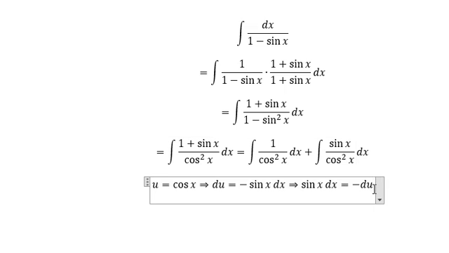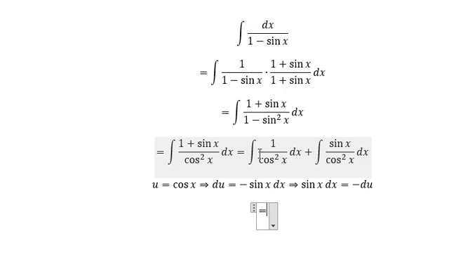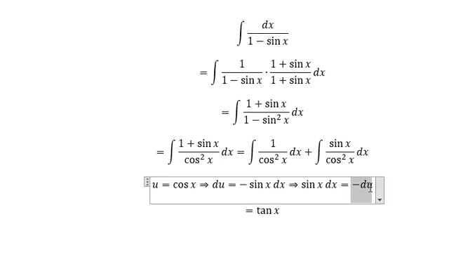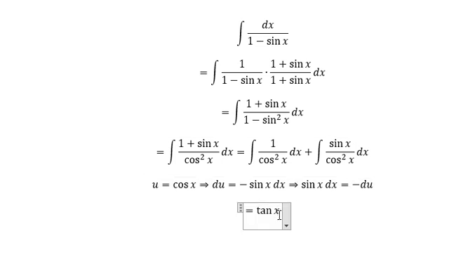So now this integral will be equal to tan x, as we said this portion gives us tan x. Then in the place of sine x dx we are going to replace it with negative du. So we put the negative outside, then we have du divided by u squared, and du divided by u squared is just u raised to the power negative 2 du.